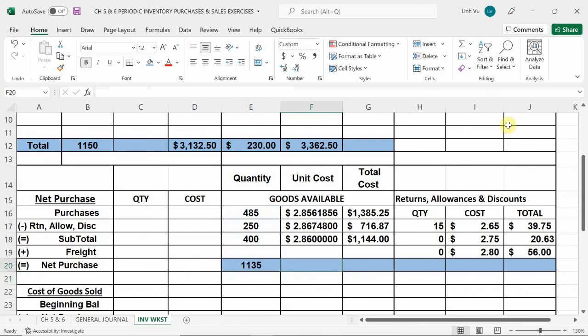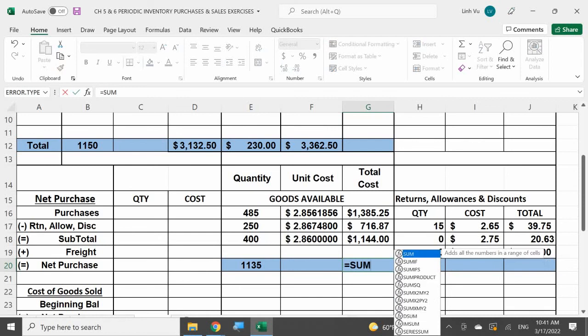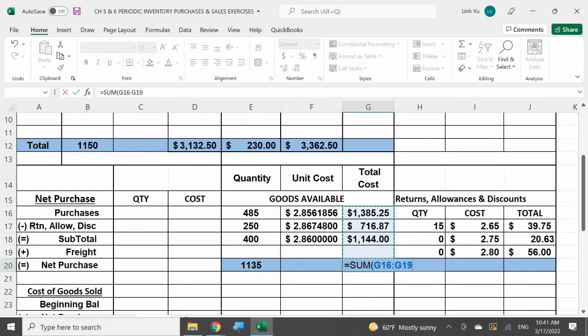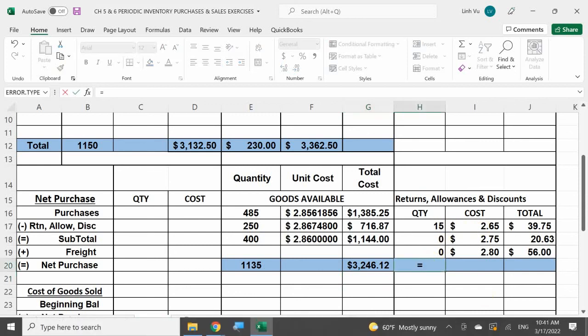I'll go ahead and solve this one for you, giving you a total cost of $3,246.12. How many items did I return? 15.